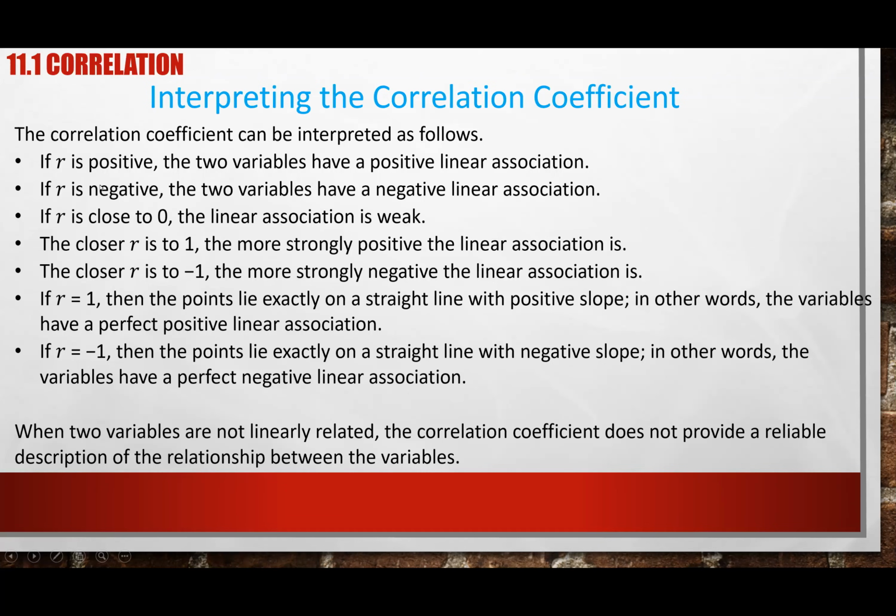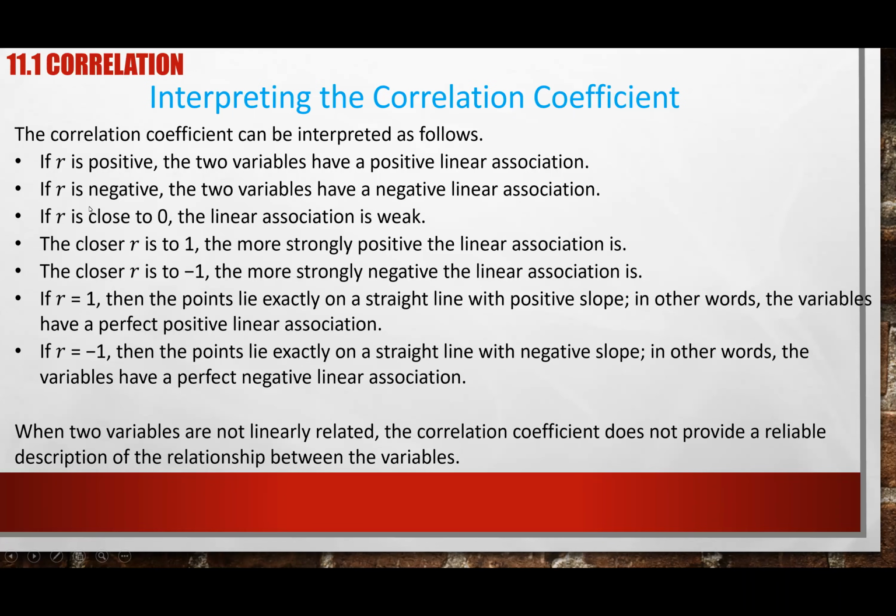And similarly, if R is negative, then we say that they have a negative linear association. If R is close to -1, we say that they are strongly negatively linearly associated between the two data. And if R is exactly -1, then we have a negative line, and all of your data is on that straight line. I will mention more when we get to that item.